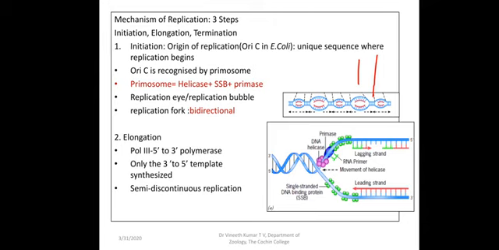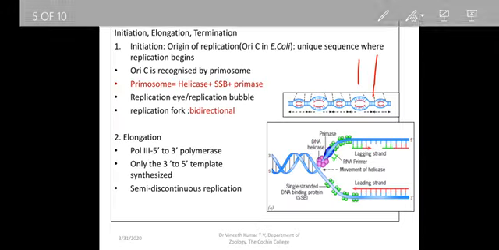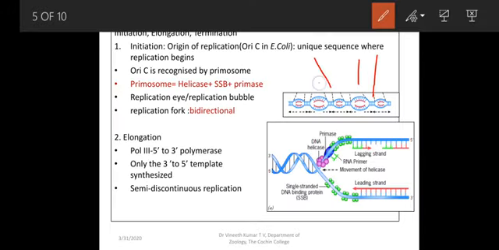So here you can see the diagrams of replication. This particular diagram represents the DNA replication that happens in a linear chromosome of eukaryotes. In the case of eukaryotes, you can see replication happening at many different points.